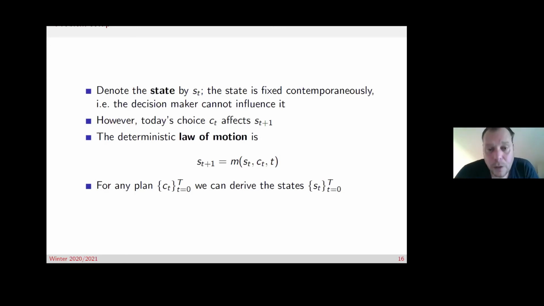Because the law of motion is a difference equation, right? So if you were to solve that, you could describe the state that you are in at any point in time as, among other things, a function of the control that you pick today.